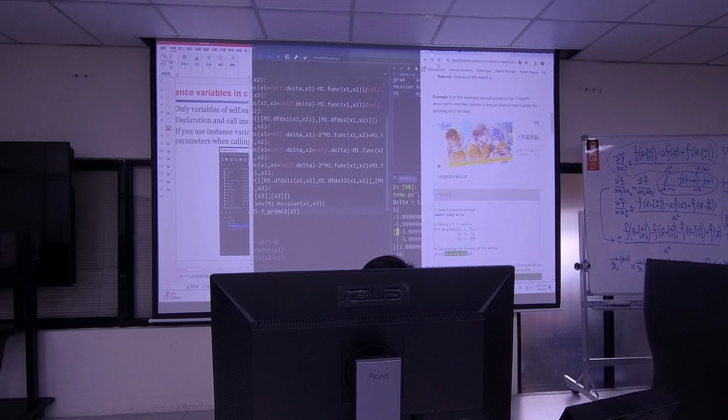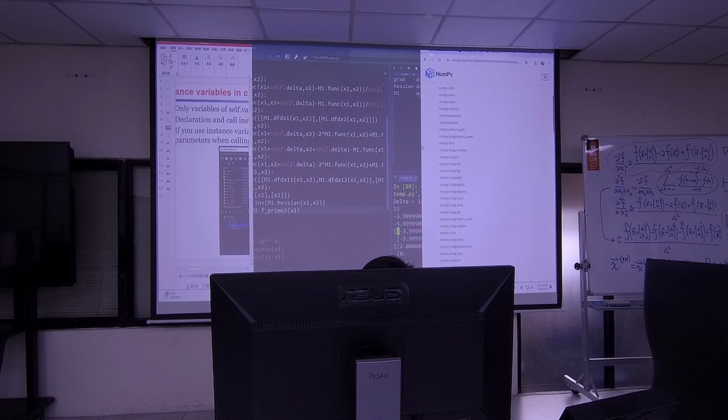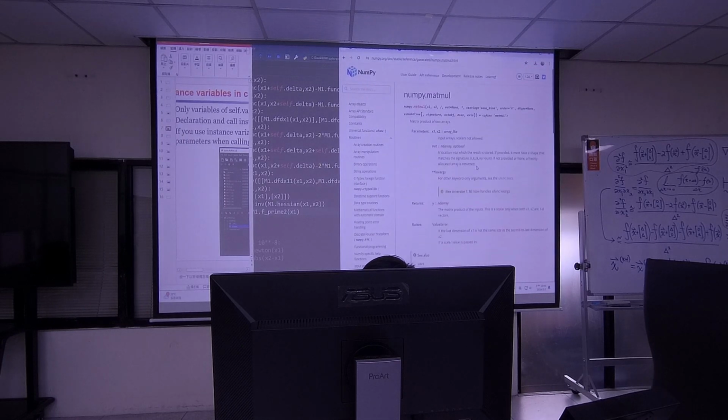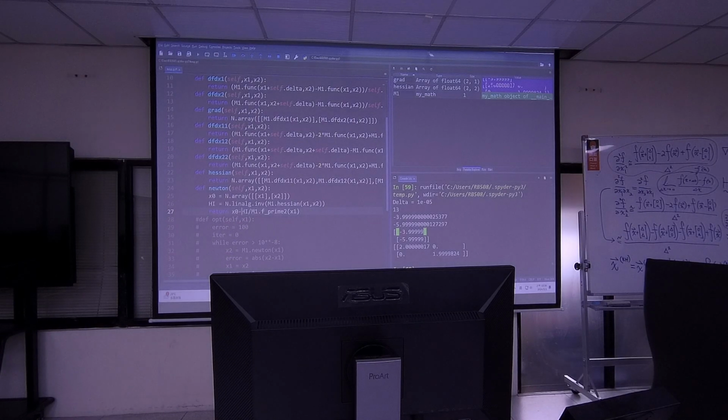Matrix multiplication, I already Googled it. It's called matrix multiply. Okay, so NumPy matrix multiply. Use the Hessian inverse multiply.